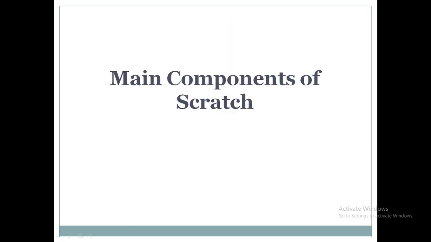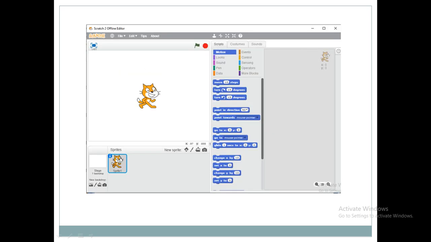Next, we will discuss the main components of Scratch. Some main components of Scratch are menu bar, sprite, stage, block palette, and various other components. On your screen you can see the main window that will appear when you open the Scratch 2 offline editor.